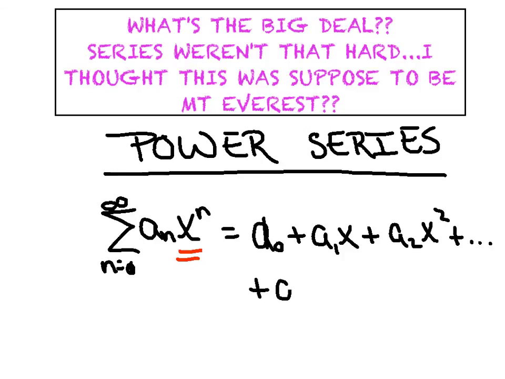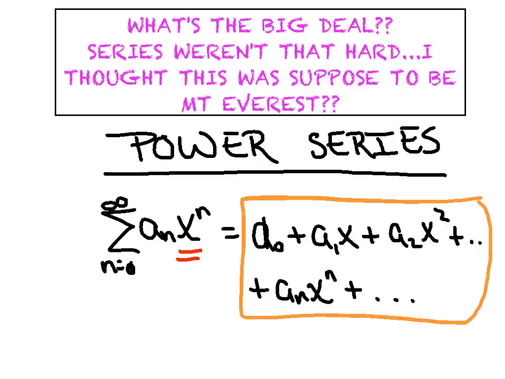Then we would get plus a sub n times x to the n plus dot, dot, dot to show that it goes on forever and ever. And what you'll notice is we are creating a polynomial here. Okay, what we're creating is a polynomial that's in terms of x. It's a polynomial because, like we said, it's x to the first, x squared, x cubed, x to the fourth, etc. It's a very well-behaved polynomial.